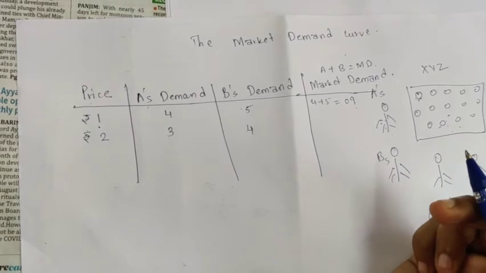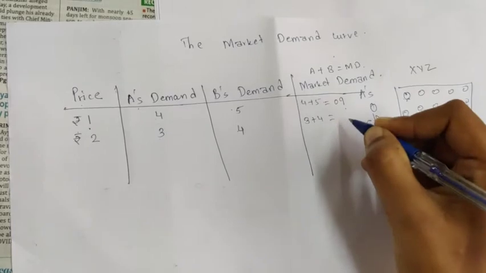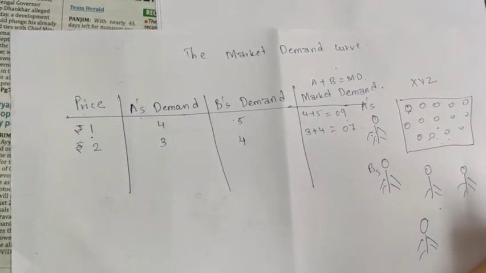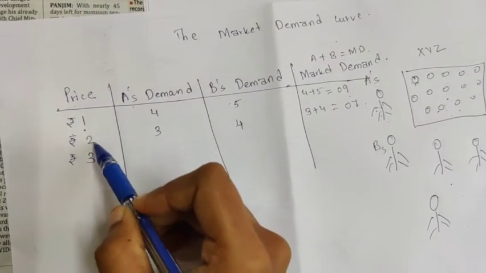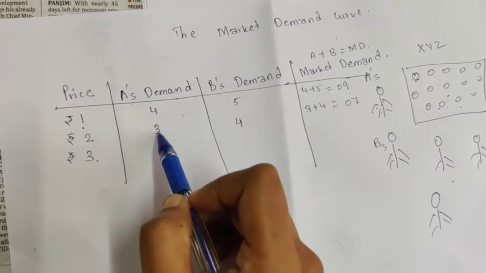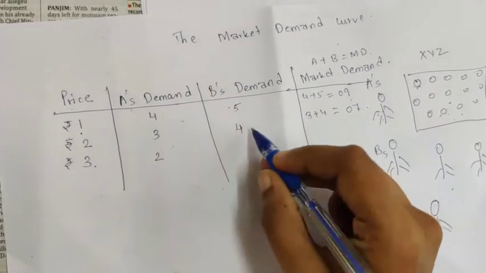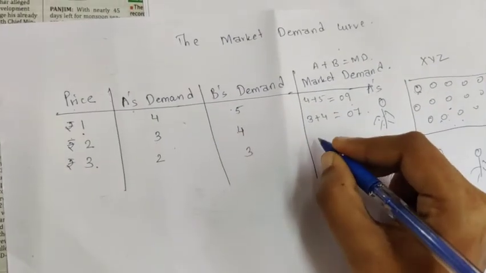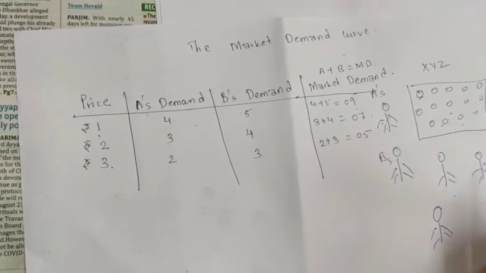Accordingly, you have to calculate market demand, that is 3 plus 4, which will give you 7. When price increases from rupees 2 to rupees 3, A's demand will get reduced from 3 to 2 units of ice cream. B's demand will get reduced from 4 to 3. Accordingly, the market demand will be 2 plus 3 is equal to 5.